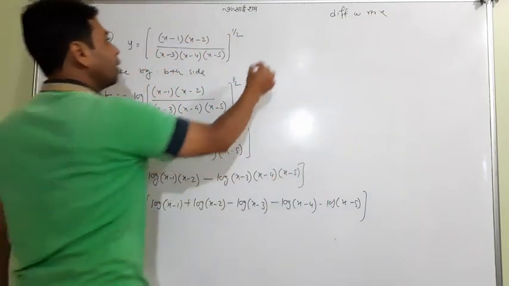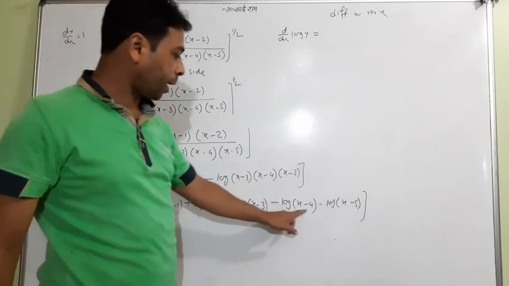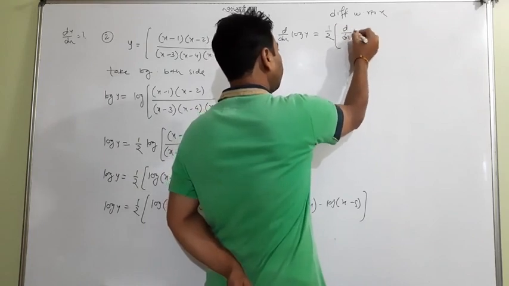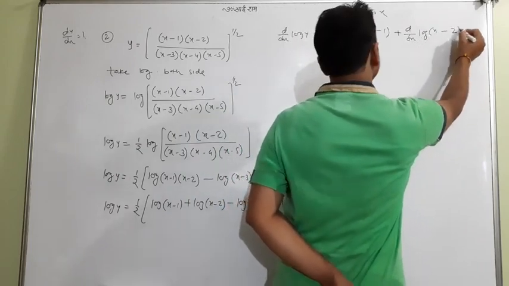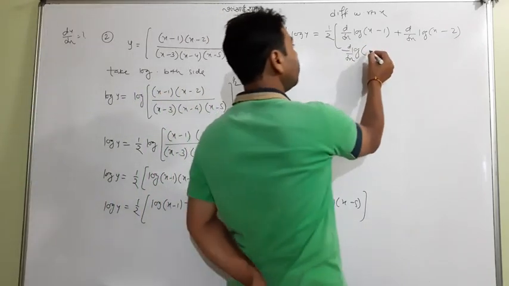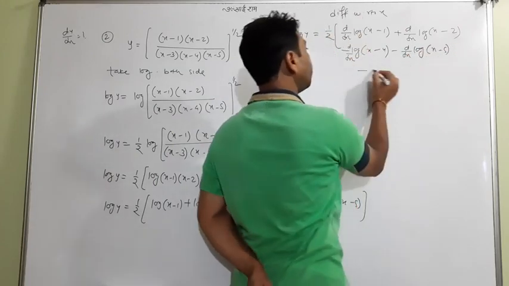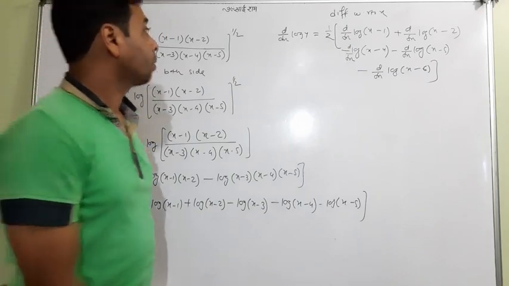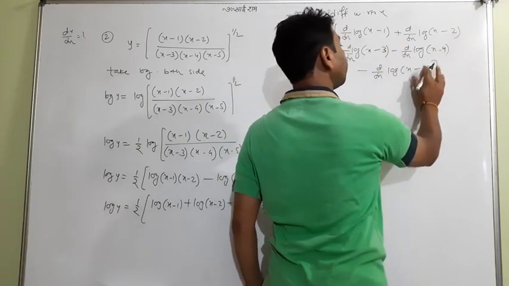In short, tell me, dy dx of log y is equal to half, because all is in addition or subtraction, definitely dy dx also separates itself: 1 by 2, dy dx of log of x minus 1, dy dx of log of x minus 2, minus dy dx of log of x minus 3, minus dy dx of log of x minus 4, minus dy dx of log of x minus 5. 1, 2, 3, 4 and 5. This is the question.